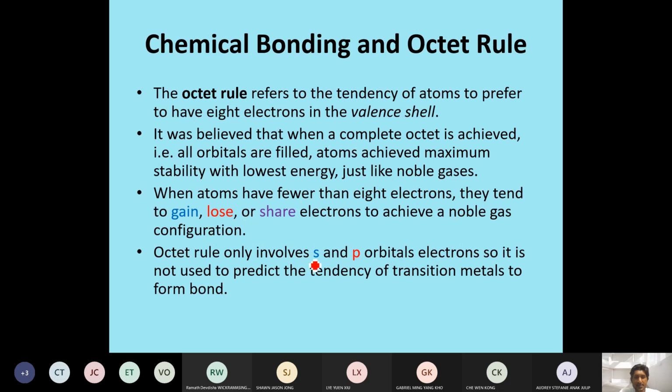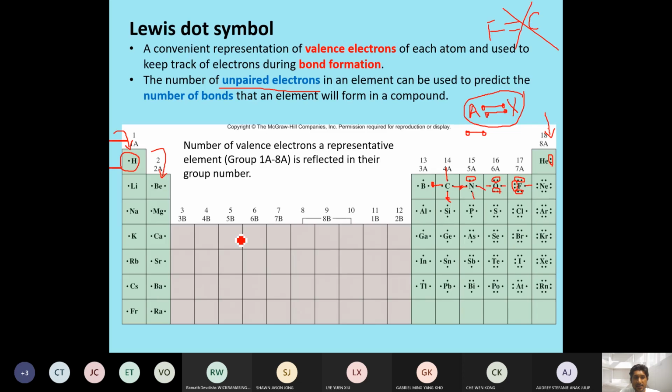Octet rule only involves s and p orbitals. D orbitals are not filled up, and that is why these transition elements we have not shown. It is almost impossible for the d orbital because it has so many valence electrons. We have seen that transition elements have variable valencies, right?